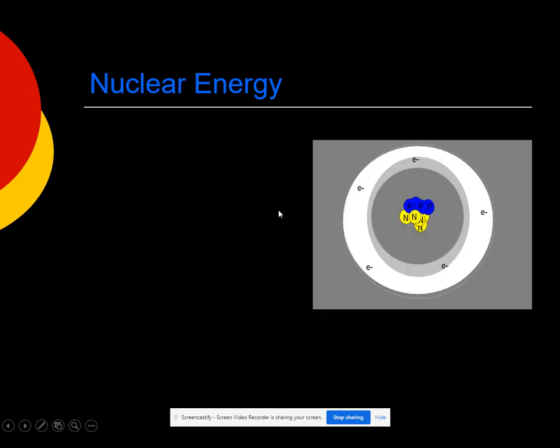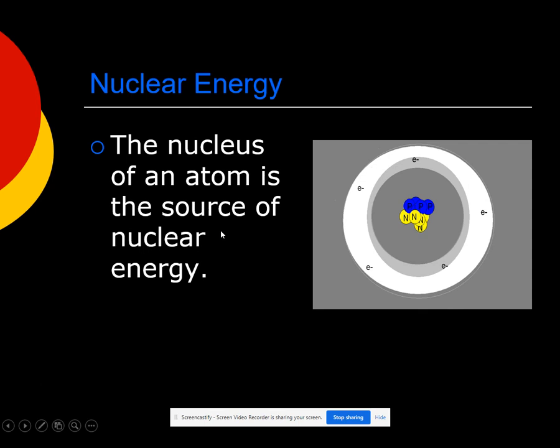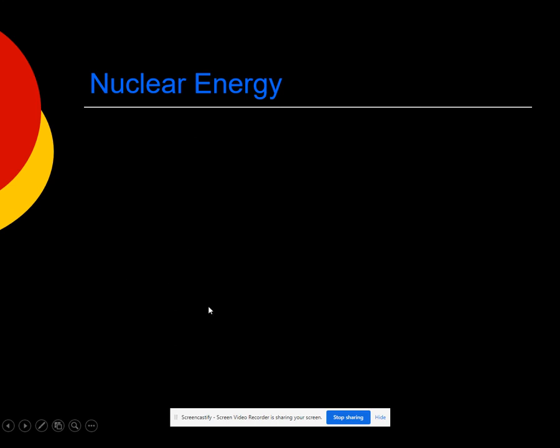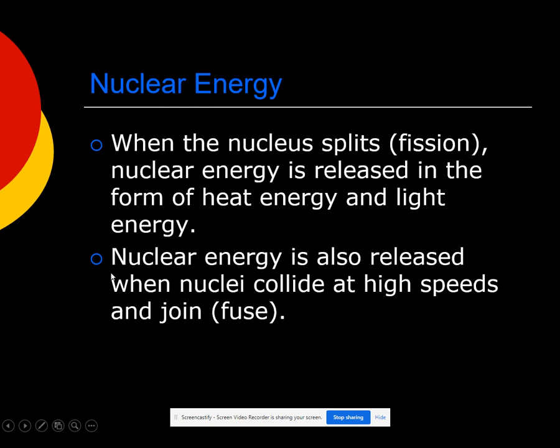And then this is kind of review from what we did before, but nuclear energy is another form of stored potential energy. In the strong force that holds the nucleus together, there's a stored energy. Therefore, it's potential. And if we do things like fission and fusion, fission is splitting of one nucleus into two. Fusion is two nuclei fusing, colliding, joining into one.